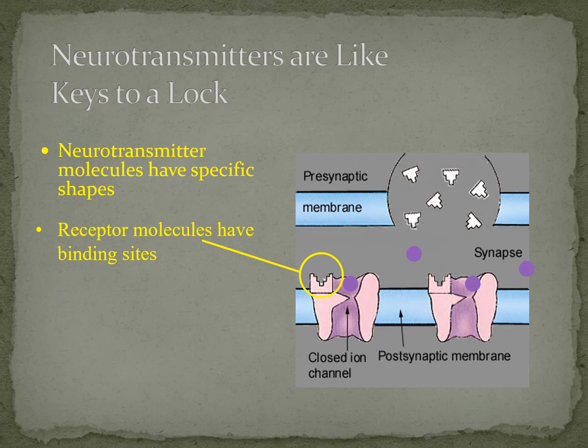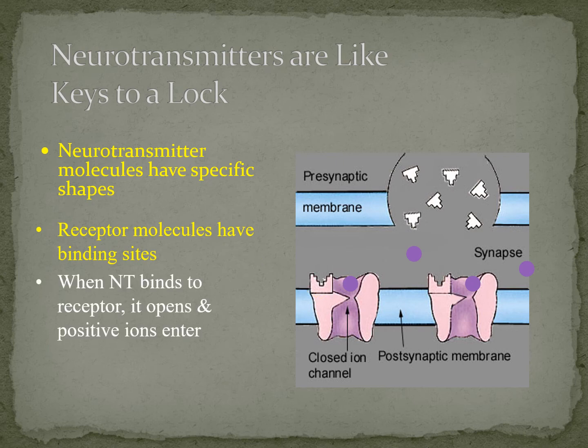The neuron that's receiving the message has a binding site that the neurotransmitter is going to fit into like a key. When a neurotransmitter binds to the receptor, it opens up and positive ions rush in.